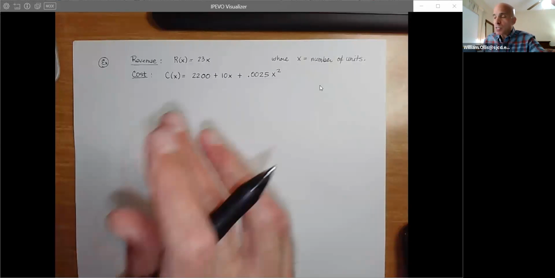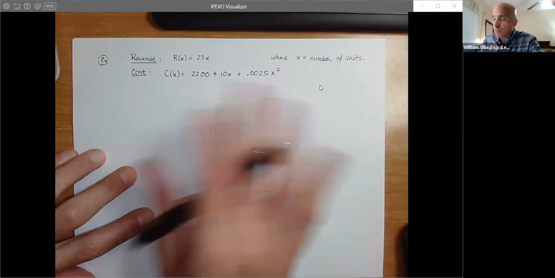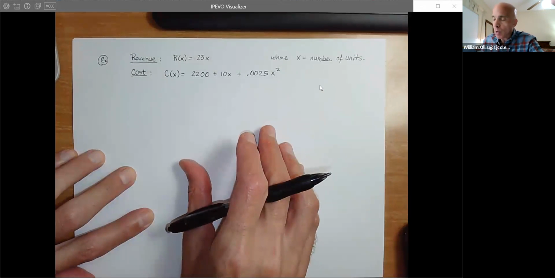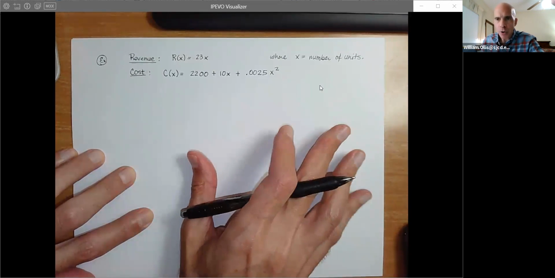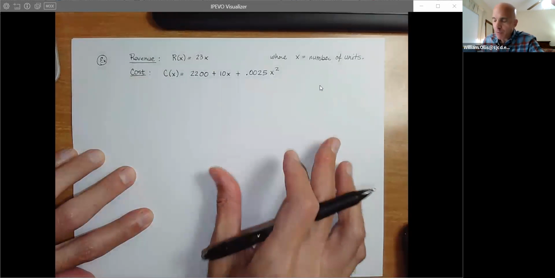Again, when we do these types of problems, they will be made or manufactured in such a way that the numbers are good to get you practice with factoring.